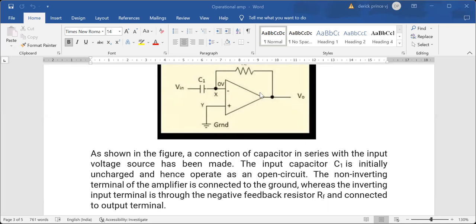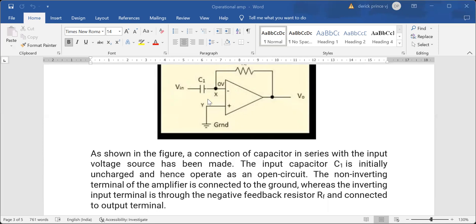So we have the circuit connection for the differentiator circuit, and how it is connected is being explained in this paragraph. Instead of giving the input voltage directly, we give it through a capacitor in series with the input.